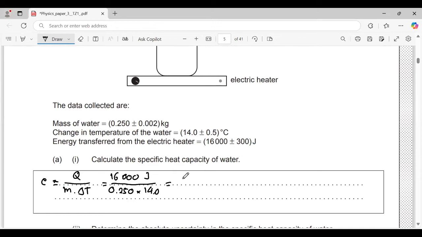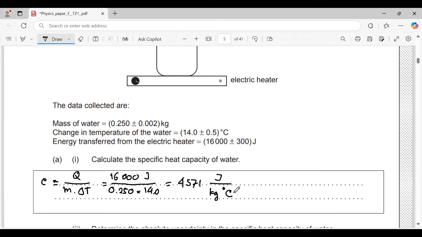So it's going to be 4,571 joule per kg degree Celsius.